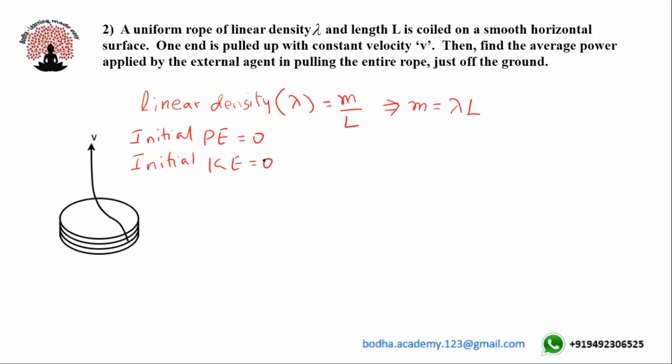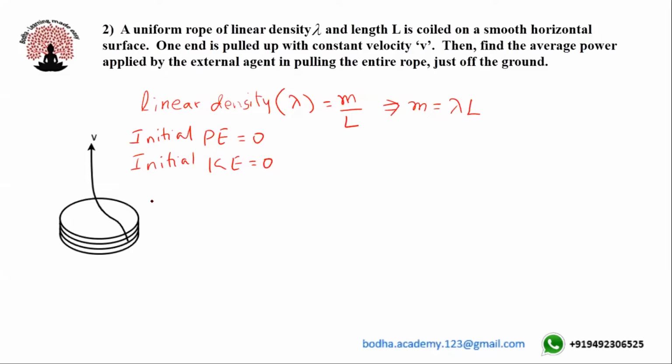Now, the rope is lifted up with a velocity v. So one end of the rope is held in the hand and it is lifted up with a constant velocity v. Now we are supposed to find the average power applied by the pulling force for lifting the entire rope just off the ground. So what is the average power required? We are supposed to find.